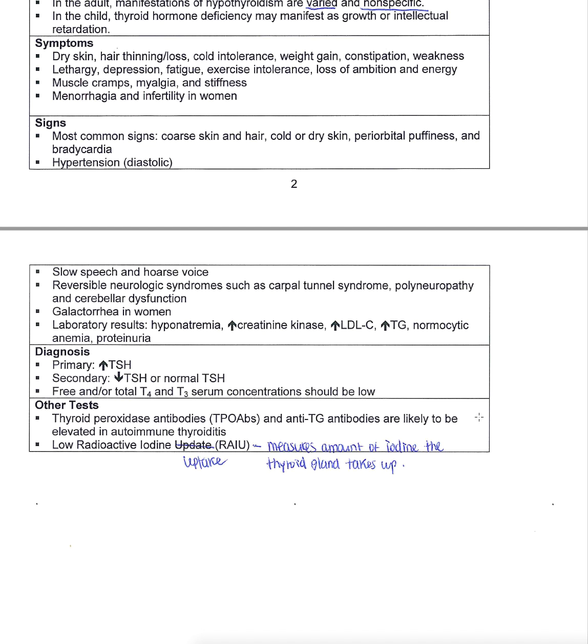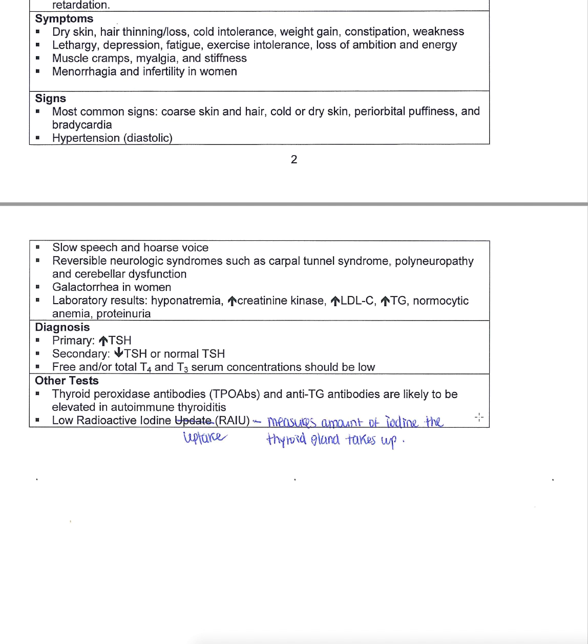Some other tests that can be done: when a patient has either thyroid peroxidase antibodies or thyroglobulin antibodies, it's more likely to be autoimmune hypothyroidism. And I realized that there was a typo.